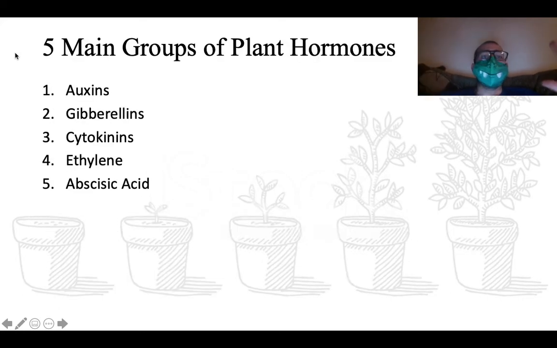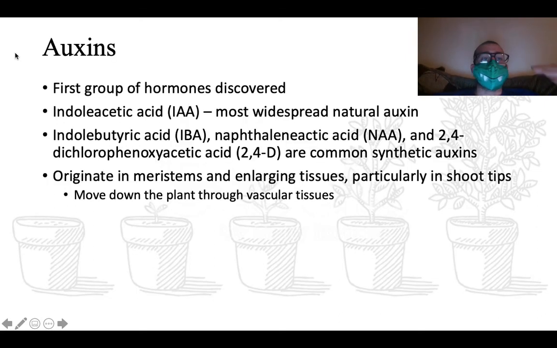Now, we are going to be looking at 5 main groups of plant hormones: auxins, gibberellins, cytokinins, or kinins, ethylene, and abscisic acid. And we're going to start with auxins. Auxins were actually the first group of hormones discovered in plants.